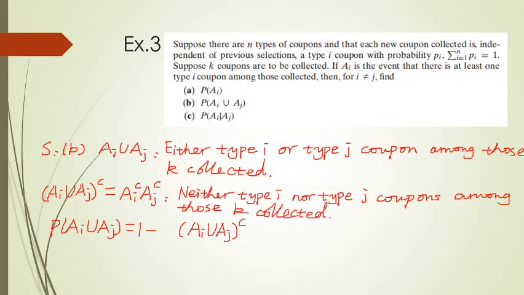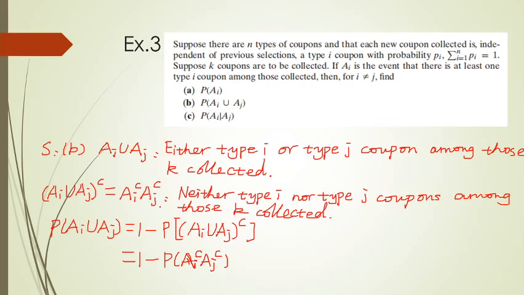Try to take notes and understand the logic. So we need to work out the probability of this one. AI's complement, AJ's complement.